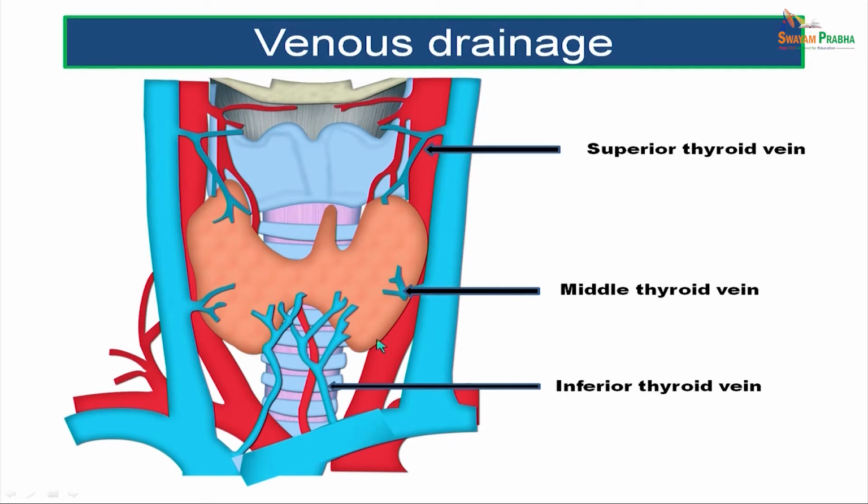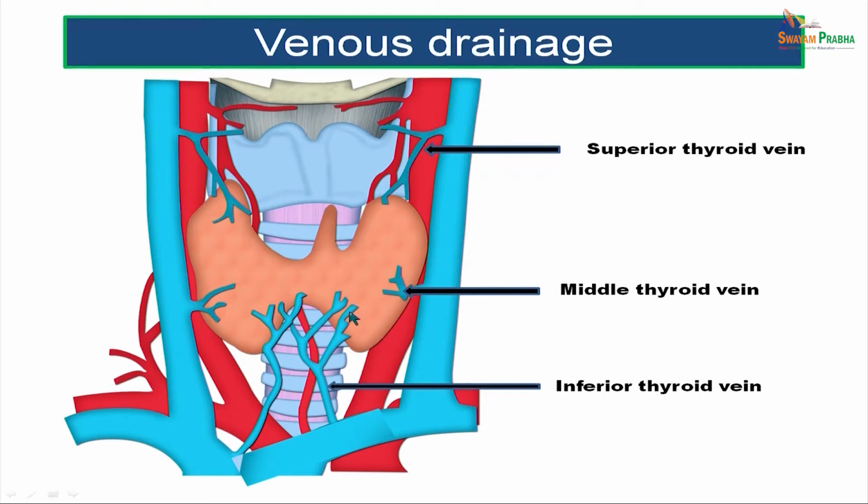Occasionally, you find a stout short vessel which is going to leave the lower part of the lateral lobe of the thyroid gland somewhere here between the middle and the inferior thyroid veins. It is going to end in the internal jugular vein. This has got a very short course.